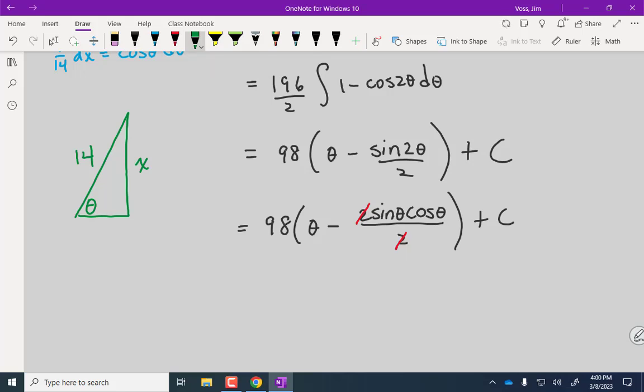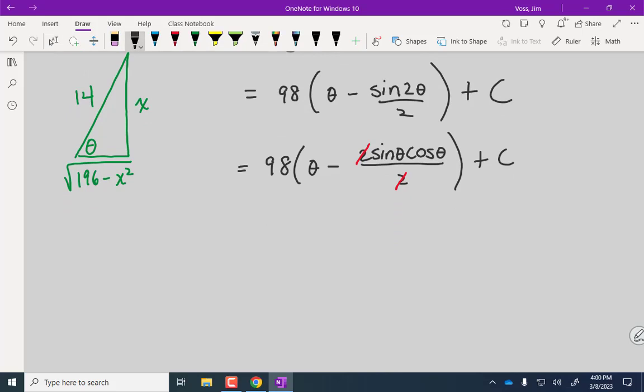Draw it nicely. What's the other side? Root of 196 minus x squared. Hypotenuse squared first. Long side first. The longer one has to go first, or you'll have a negative. Very good. You're almost there.